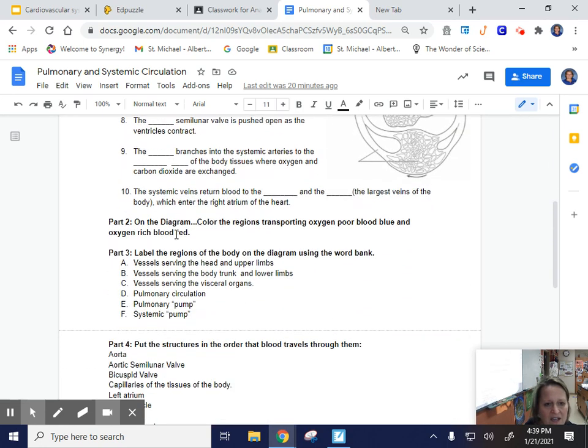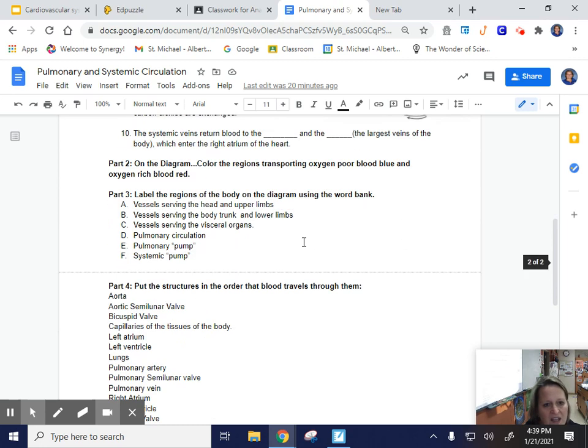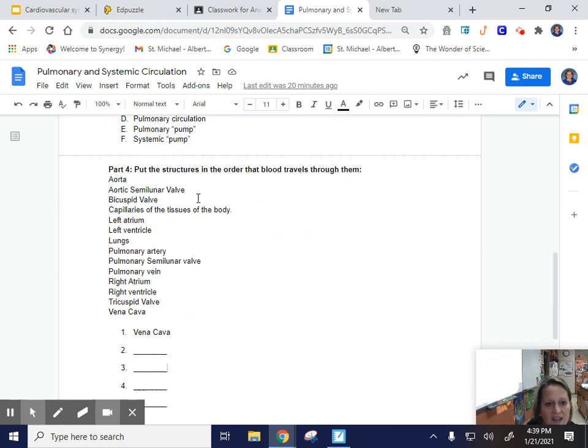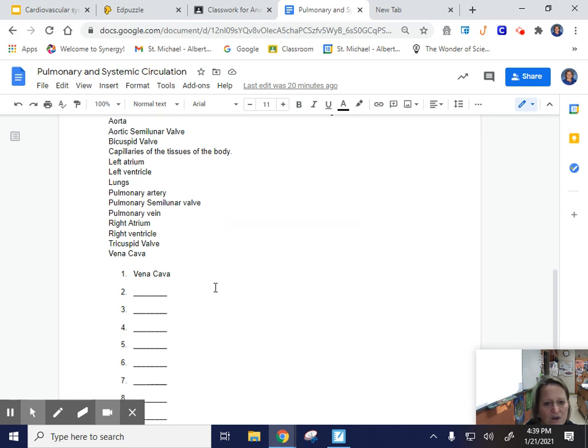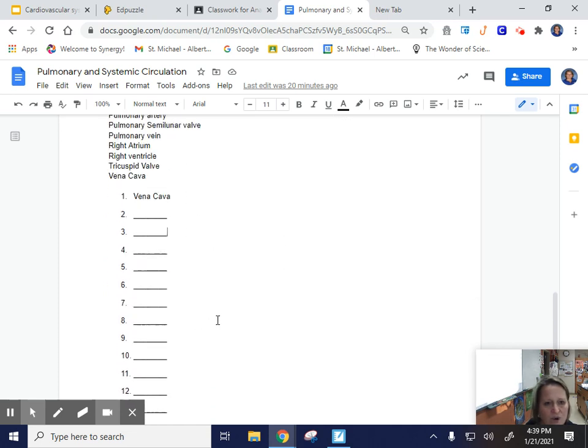And then on the diagram, color the regions transporting oxygen-poor blood and oxygen-rich blood. That's what I just modeled for you. Then number 3, I also modeled this, labeling the regions. And then number 4, that's just putting the words in order that they would go through.